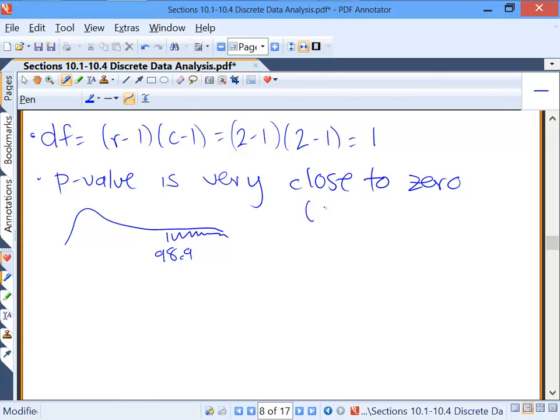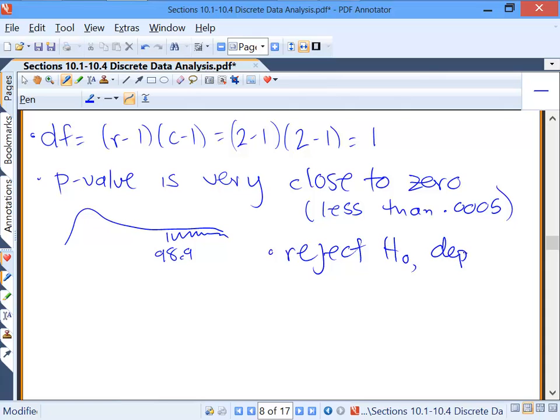Specifically, all I can tell from the table is that it is less than 0.0005. But my test statistic is so big that I'm willing to bet that it is very close to 0, like times 10 to the negative at least 15 or so. And so we would reject our null hypothesis, and they are dependent.